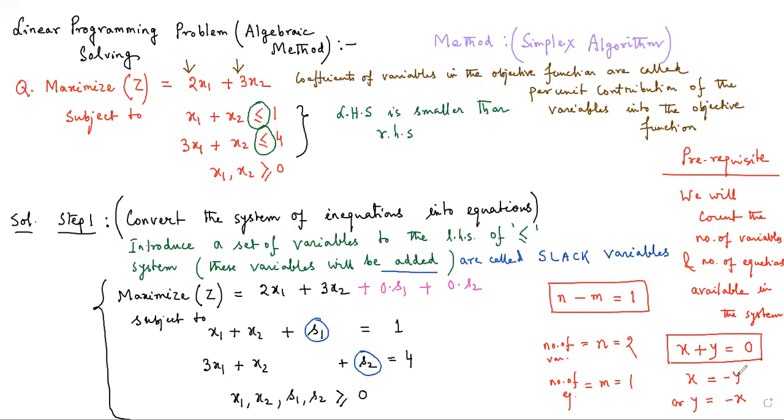If you substitute y equal to 1, then x equals minus 1, so minus 1 and 1 is a solution. Conversely, if you consider x to be your independent choice, you can take x to be 1 and y consequently minus 1, so 1 and minus 1 is a solution of the given system. So actually this system has infinitely many solutions.